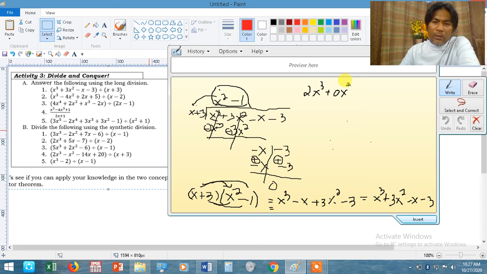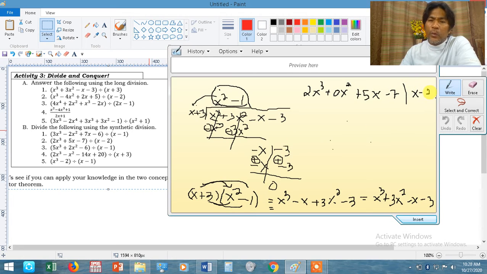Anyway, the concept will not matter since it is still 0. It gives us a guide that our solution is correct. Then we add 0 so that it will be complete: 3, 2, 1, actually, then 0. Then divided by x minus 2.